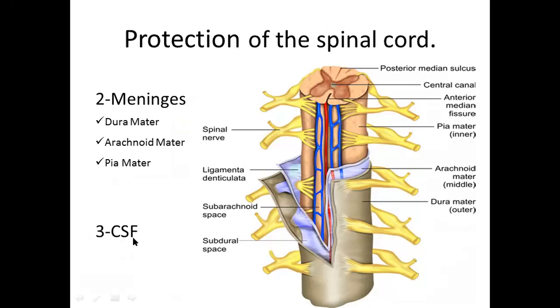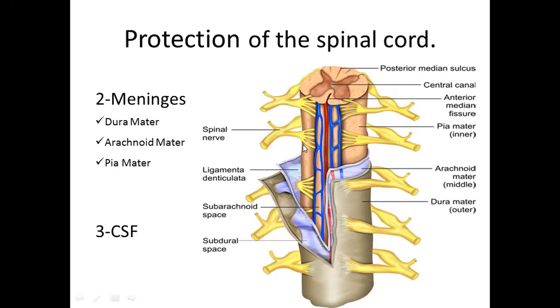Okay, here again, this is the spinal cord. This is the inner matter or gray matter, and this is the outer matter or white matter. If we look here, we will find the dura mater, this is the arachnoid mater, and the pia mater is actually adherently attached to the spinal cord.